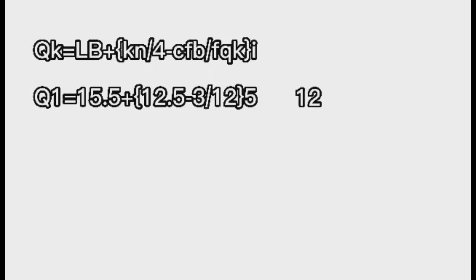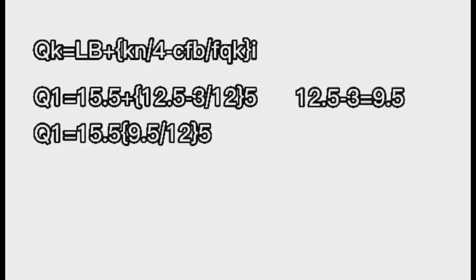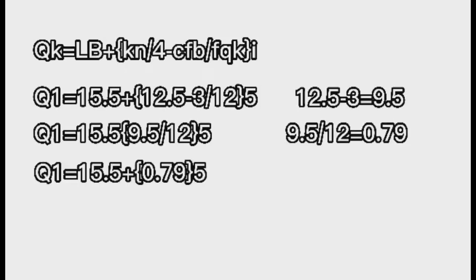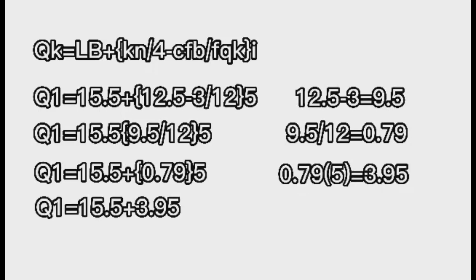So 12.5 minus 3 is equal to 9.5. 9.5 over 12 is equal to 0.79. 0.79 times 5 is equal to 3.95. And lastly, 15.5 plus 3.95 is equal to 19.45.